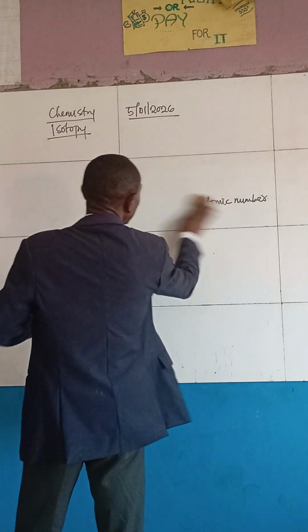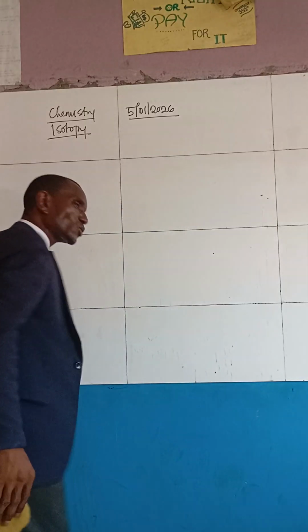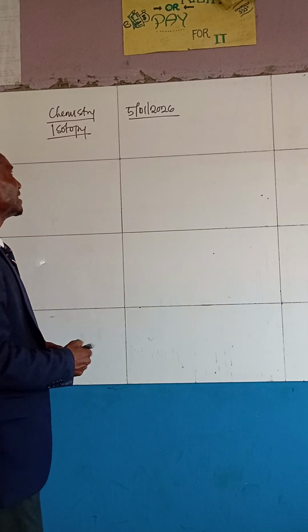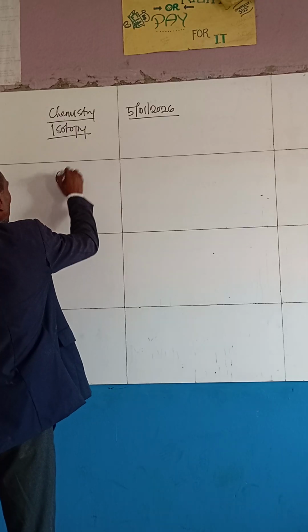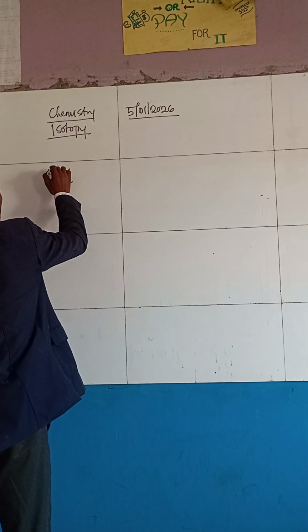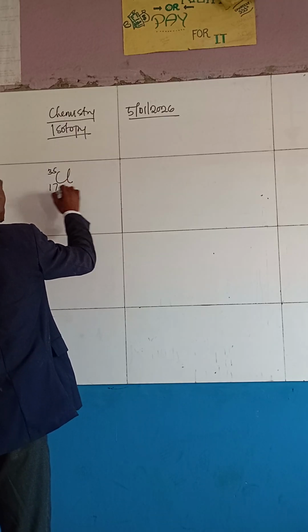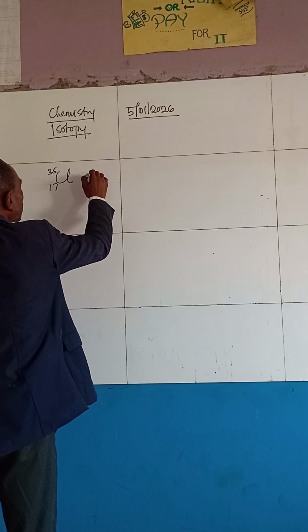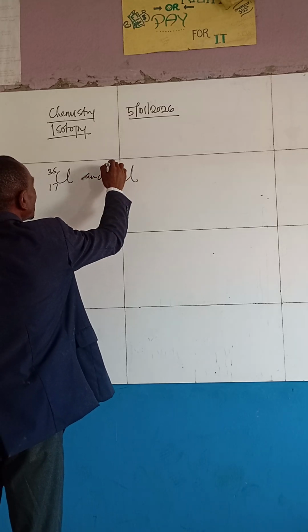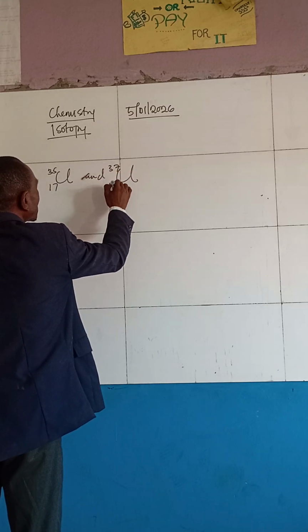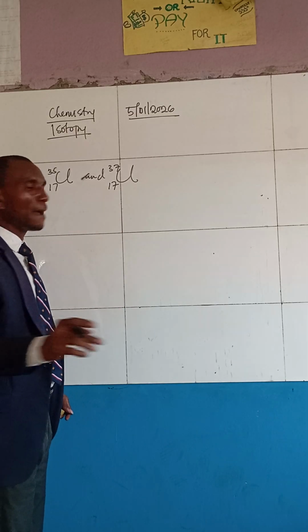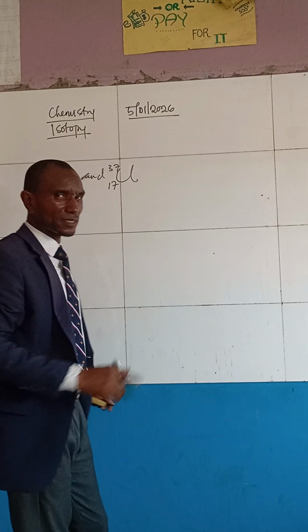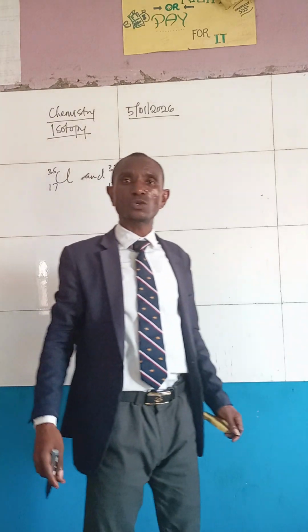Remember, any atoms that exhibit this isotopy are called isotopes. Look at this: we have chlorine with 35 and 17, then another chlorine atom having 37 and 17. You can see they have the same atomic number but different mass numbers. That is what makes them isotopes.